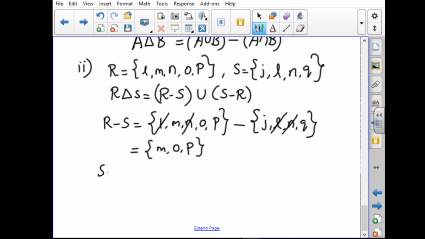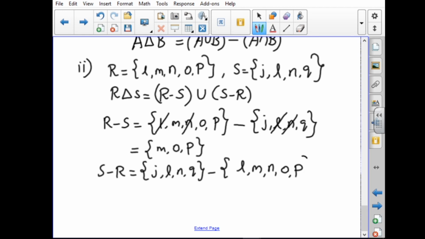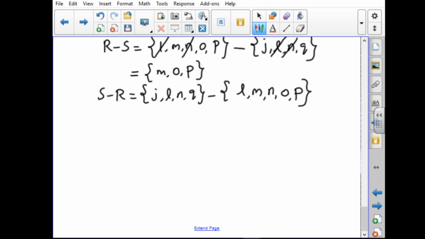Then S difference R, that means J, L, N, Q difference L, M, N, O, P. The common elements are L and N. So the remaining elements of S are the set {J, Q}.